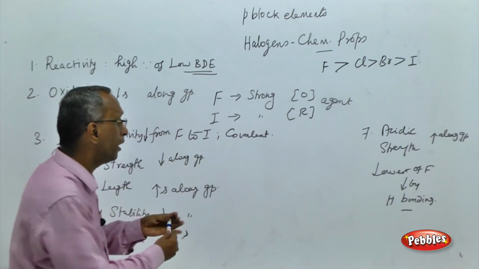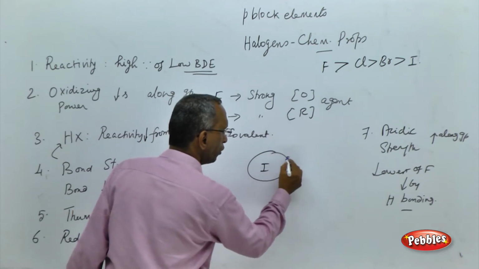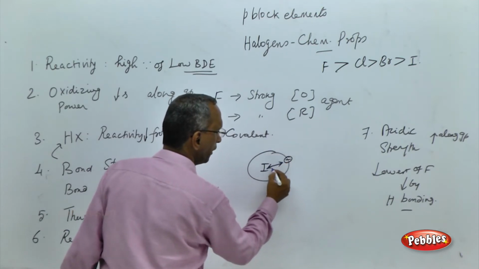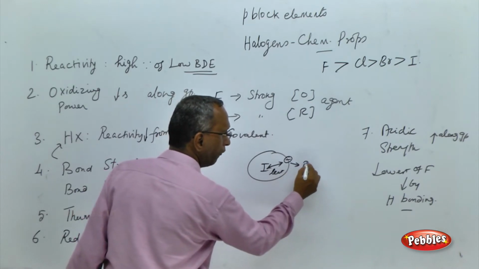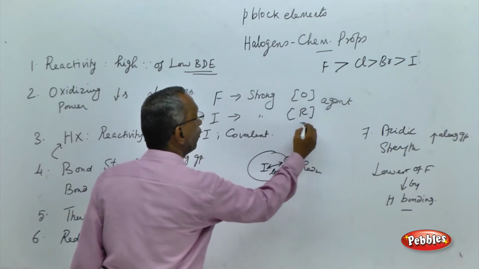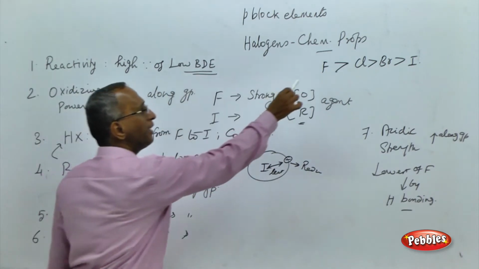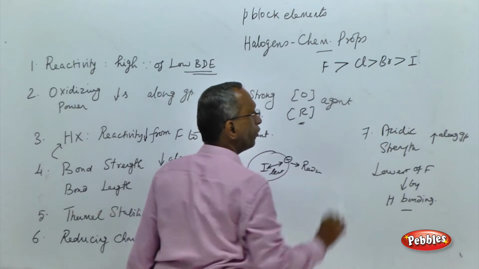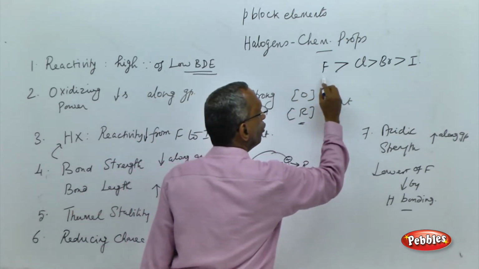But iodine, iodide, already we have seen, the outermost electron of iodide has least control over the nucleus. So these electrons are available for reduction. So it is a good reducing agent. So oxidizing capacity decreases from fluorine to iodine, whereas reducing capacity increases from fluorine to iodine.